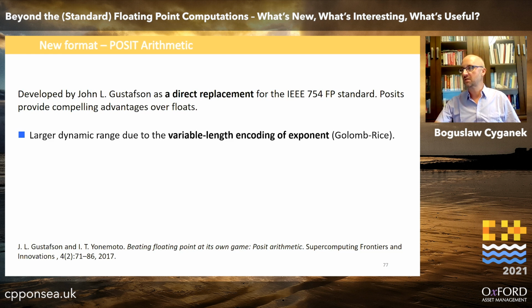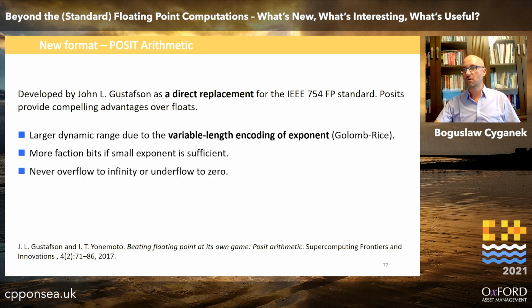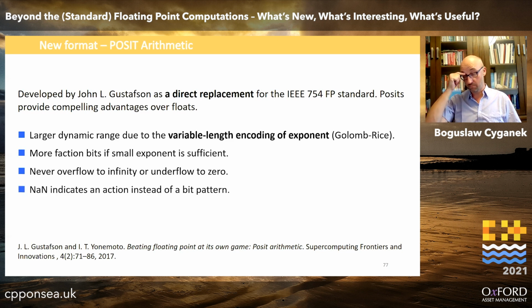But in POSITs, this is dynamic. So this is the primary modification: more fraction bits if a small exponent is sufficient. Never overflow to infinity or underflow to zero. This is a big subject of how underflow and overflow behave, but POSITs behave more naturally here.